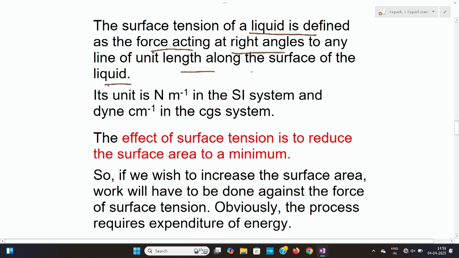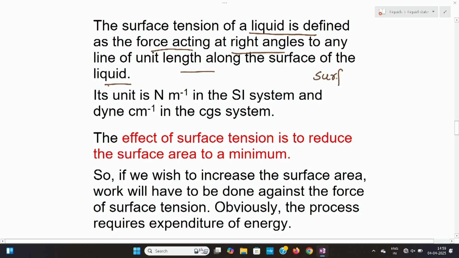From this definition, we can understand that surface tension is nothing but force per unit length. That is, surface tension is force per unit length. Therefore, the unit of force is Newton and the length is meter.